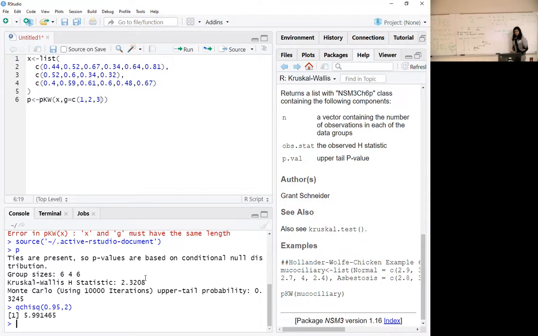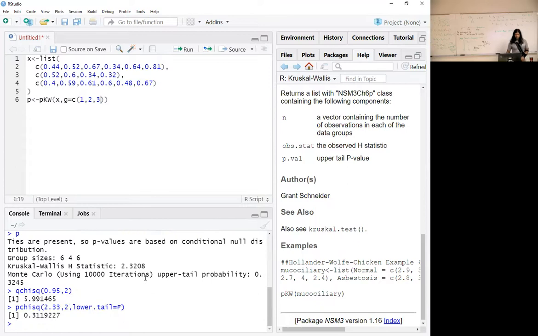So pchisq. Starting value is 2.33. DF is 2, but we want the area above. So in R, you have to specify lower.tail equals FALSE. That is giving us a p-value of 0.3119.